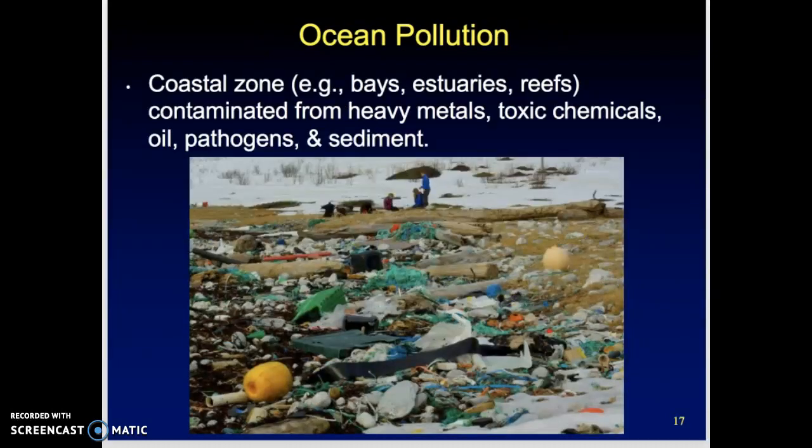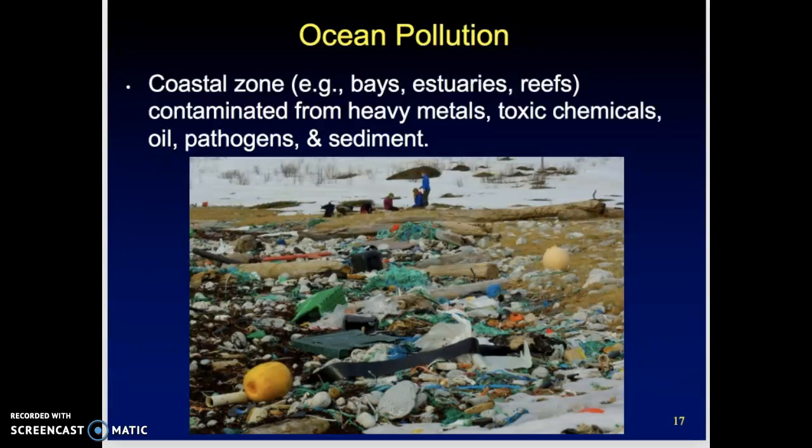Now, with ocean pollution, coastal zones have the greatest problem. Those coastal zones, the estuaries, the bays, the reefs, all these areas are close to land. So when we pollute the land, eventually that stuff washes down into the coastal areas.